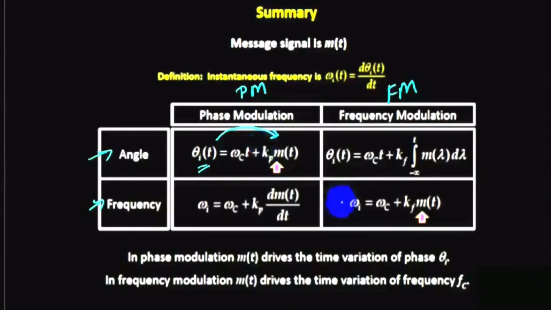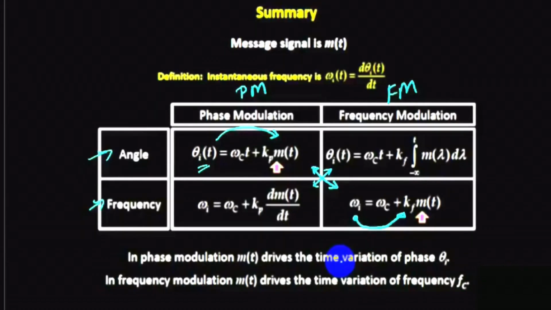When the instantaneous frequency is directly proportional to the message signal, then you would have frequency modulation. But you would see that there is a very direct relationship between the two. They are linked by means of differentiation and integration. Next, we will talk about the system block diagrams of both phase modulation and frequency modulation.